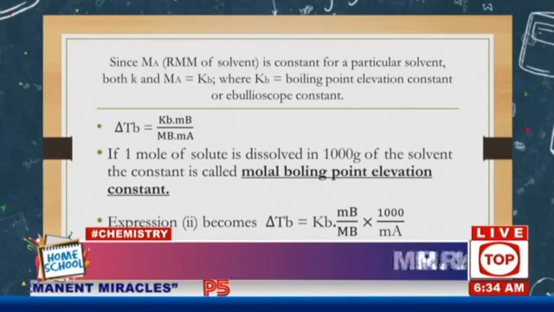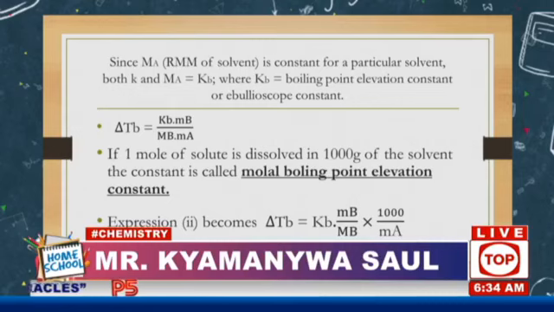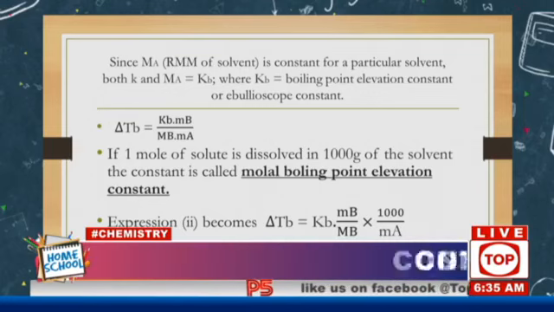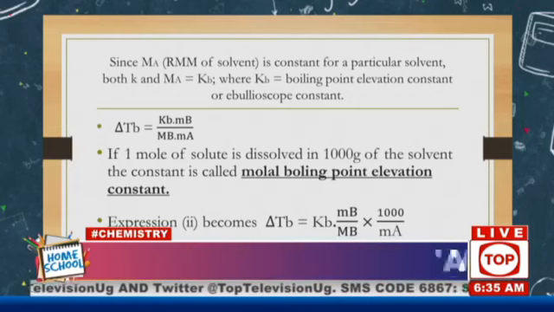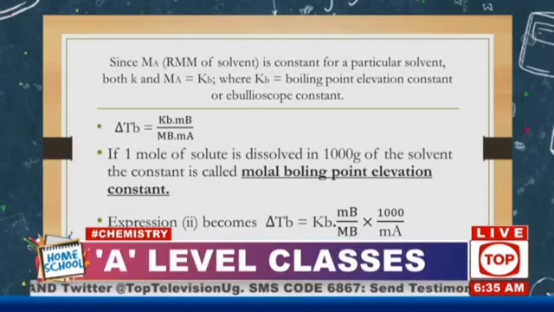We have the boiling point elevation, this one. So we now include another term, delta TB, which is the boiling point elevation. However, we said that if 1 mole of the solute is dissolved in 1,000 grams of the solvent, the constant is called the molar boiling point elevation constant.